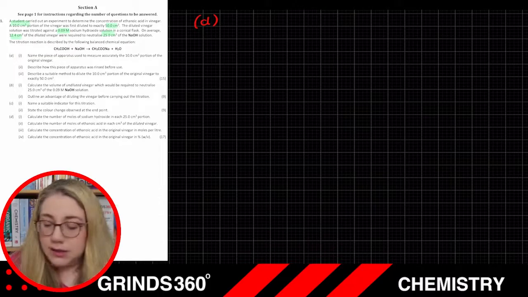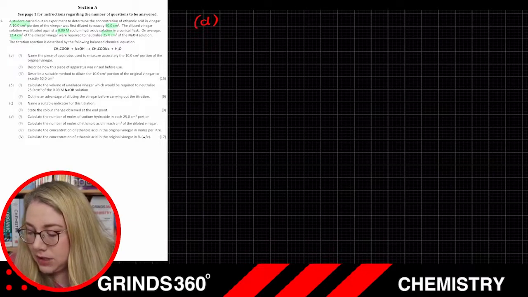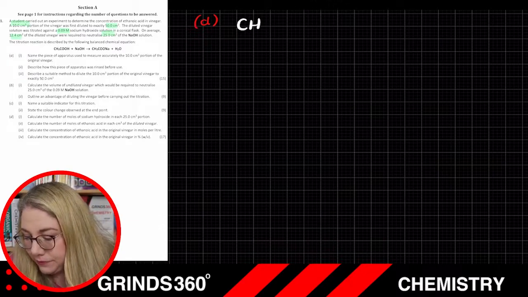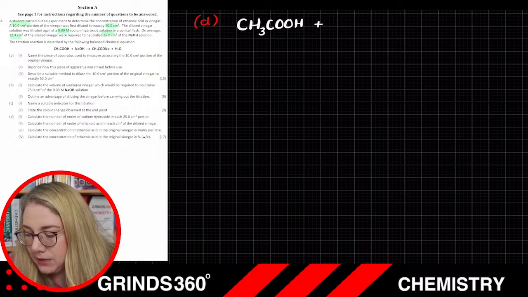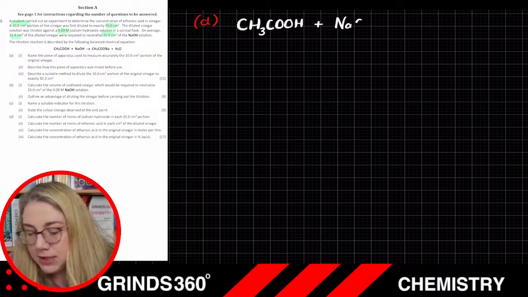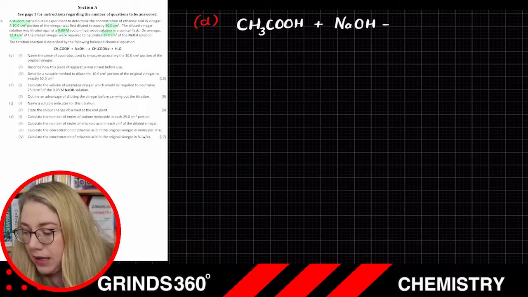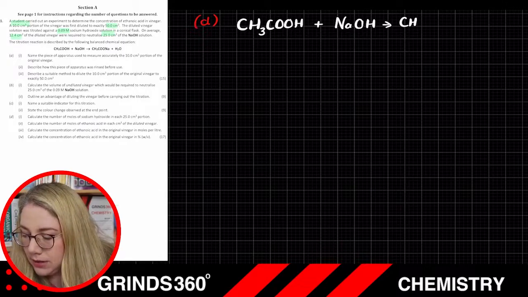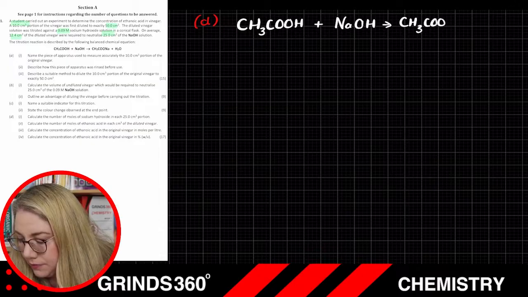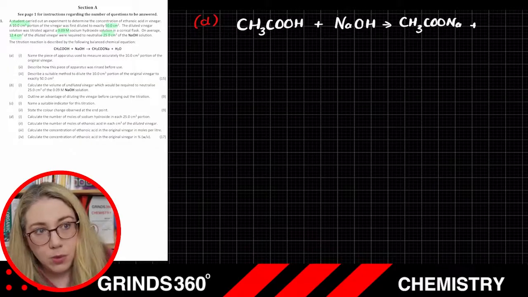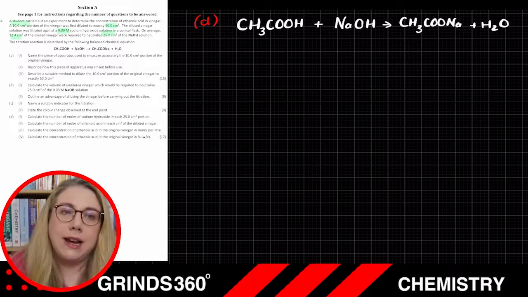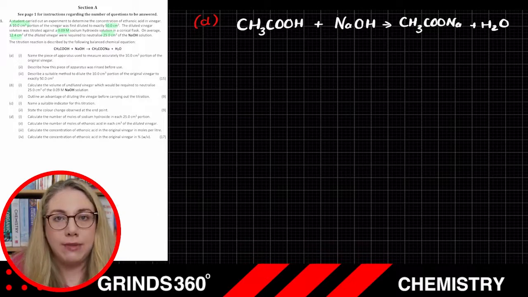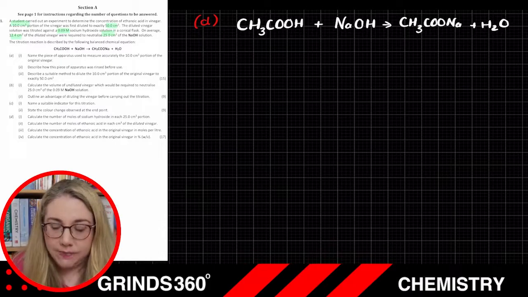So the one that's written on the screen is CH3COOH, my ethanoic acid, reacting with a base, which is sodium hydroxide, and we form a salt plus water. Now, the numbers that I highlighted, I'm going to write them underneath the relevant substance from the balanced equation.